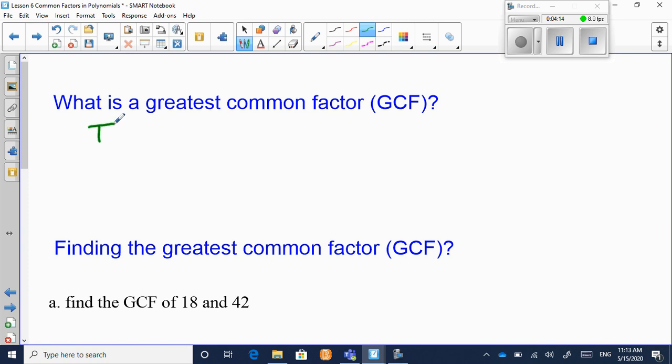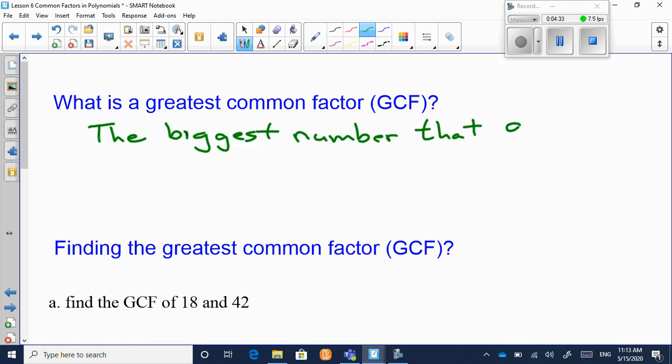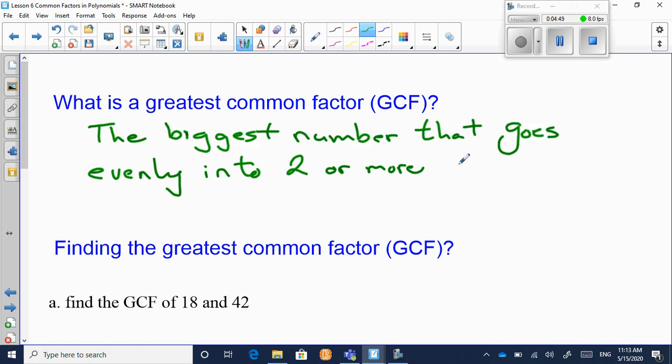Well, it's the biggest number that goes evenly, or divides evenly, into two or more numbers. So we're looking for this number.